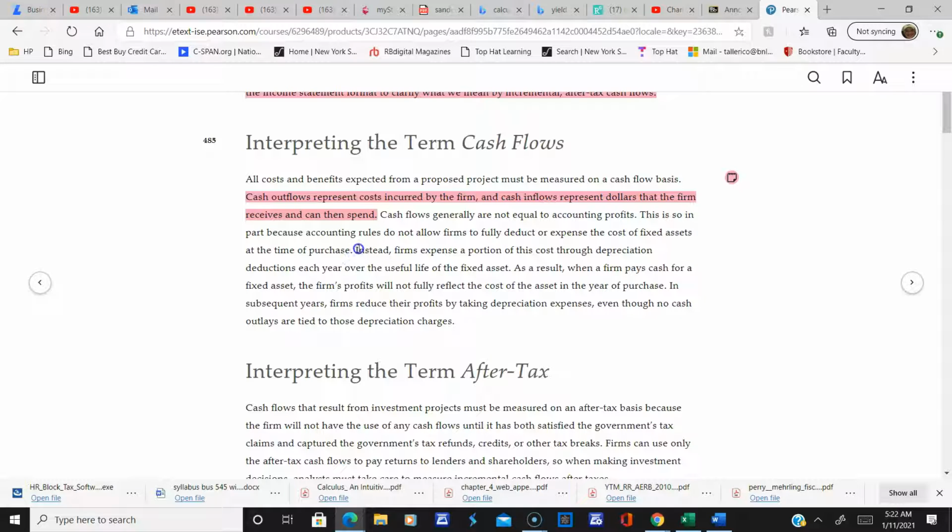When it comes to accounting, firms expense a portion of the cost through depreciation. Please bear in mind there's a big difference between showing cash on a cash flow statement and accounting principles here. If you've taken an accounting class, I think you know what I mean.